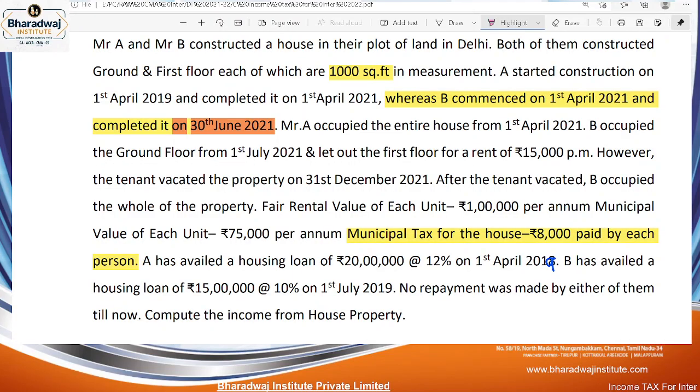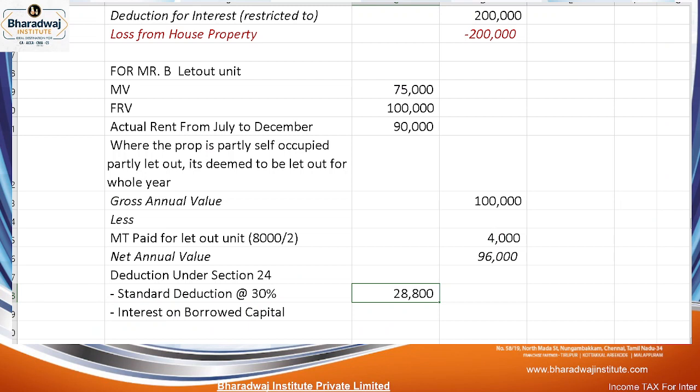Interest on borrowed capital. Current year interest only can be claimed because there is no pre-construction period. 15 lakhs into 10% into 1 by 2. Why 1 by 2? Because this is for the first floor.